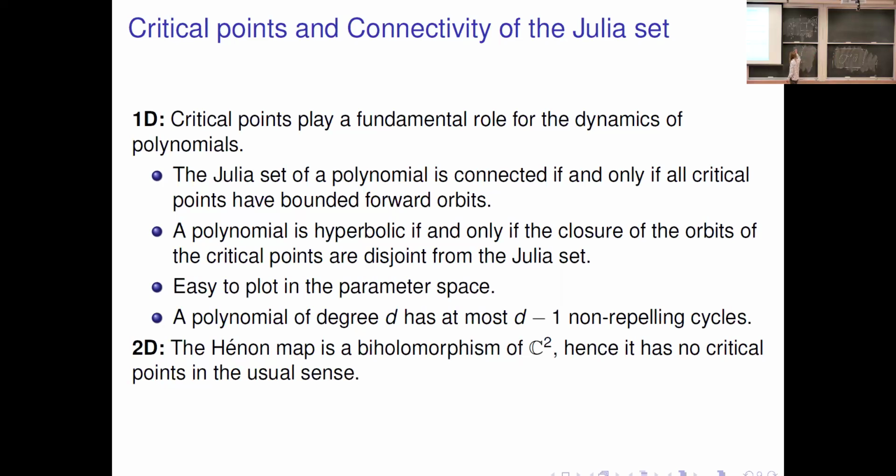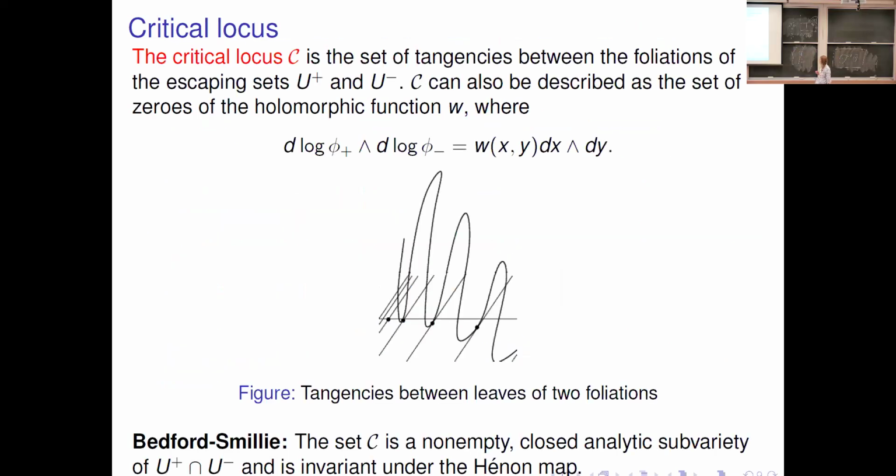There are laminations, in quotes, for G plus and G minus. They are Riemann surfaces inside the stable manifolds, so we can take G plus and restrict G minus to them, look at the critical points, and do the same for G minus. This is how the critical locus was defined by Bedford and Smillie.